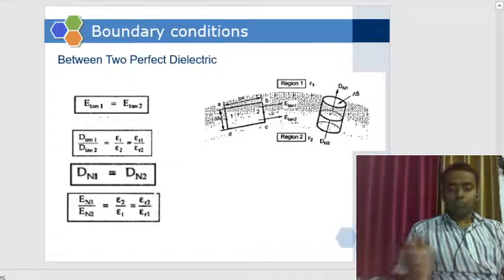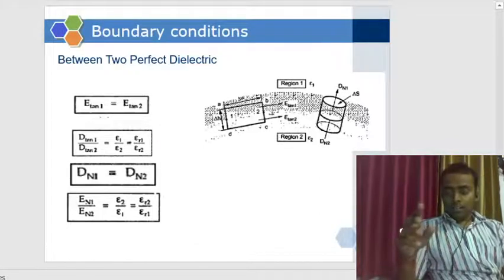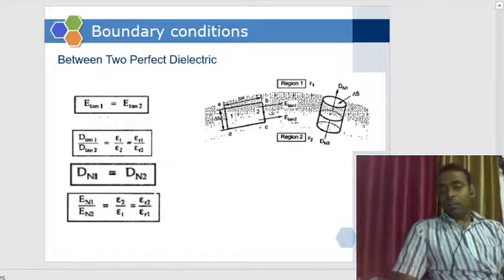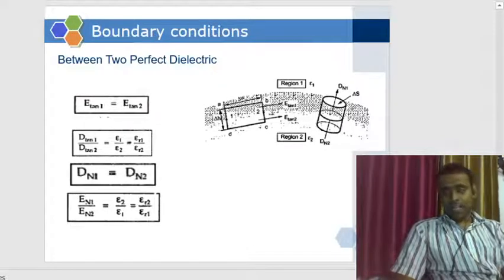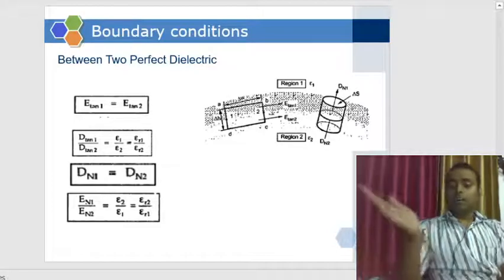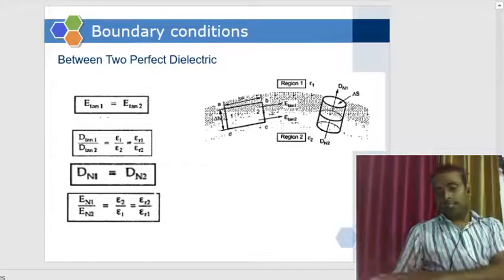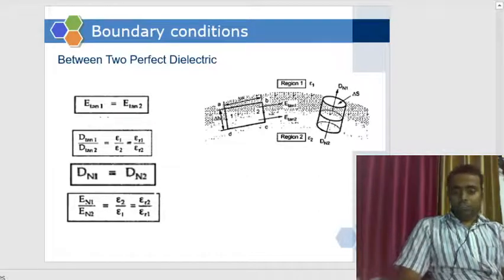You just have to follow these two: the line integral of E dot dl is equal to 0 and the surface integral of D dot dS is equal to Q, that is Gauss law. You have to make the height of the cylinder 0. Okay, you will get that boundary.